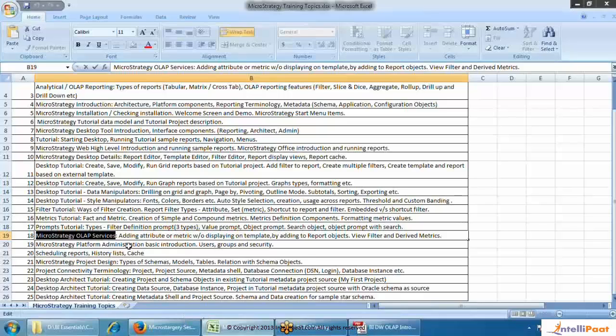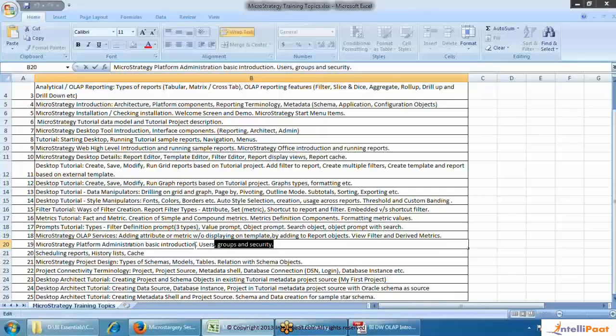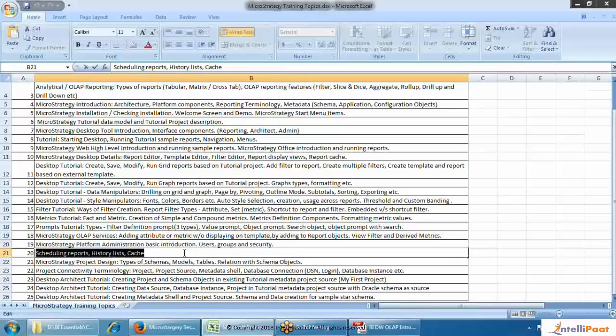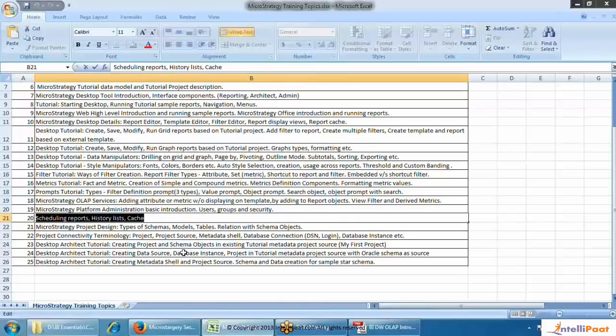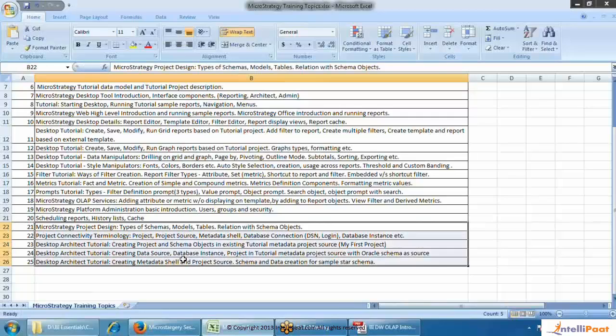Then it will be more MicroStrategy security, that is a very basic introduction to user group security. Then scheduling the reports: if you want to schedule reports at a specific time or based on a specific event, there are certain mechanisms. And then there is model creation these days, where you create a model based on your own schema.